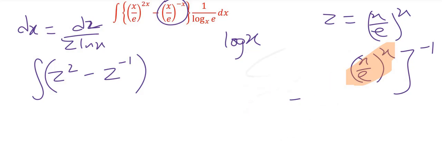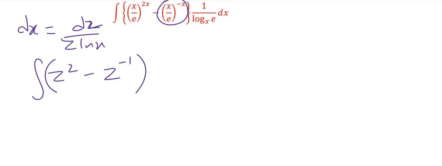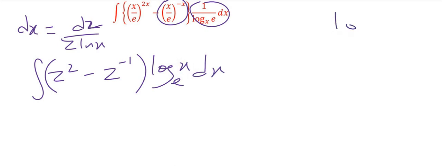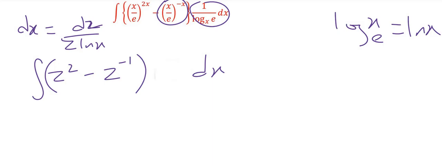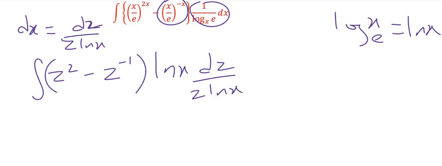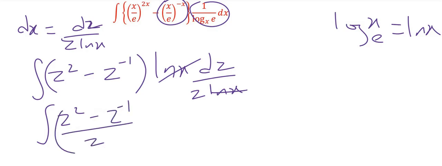So this part is log x base e, which is the same thing as ln x. So this part can be erased and replaced with ln x, and the dx part is the same thing as dz over z ln x. Ln x cancels ln x. I have the integral of z squared minus z negative 1, divided by z, with respect to z.